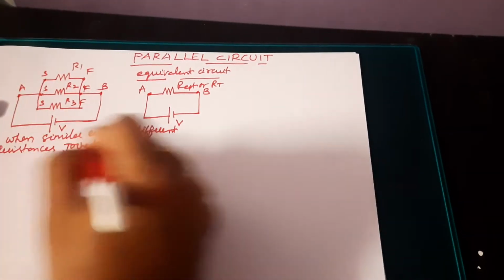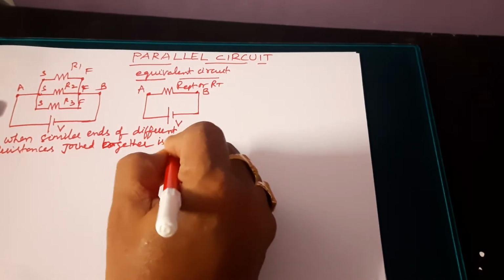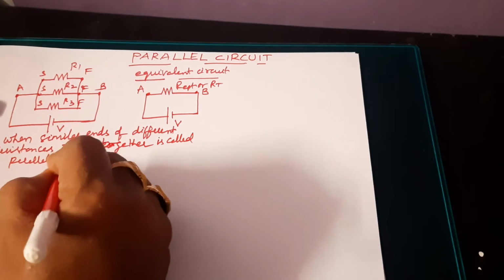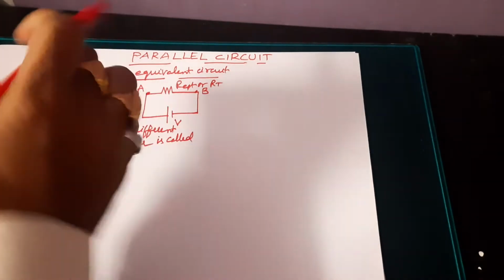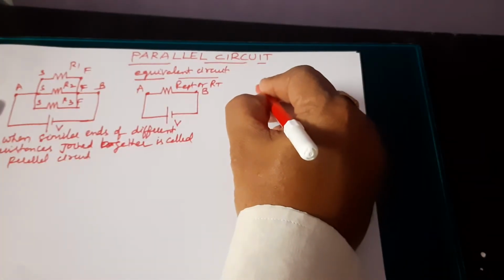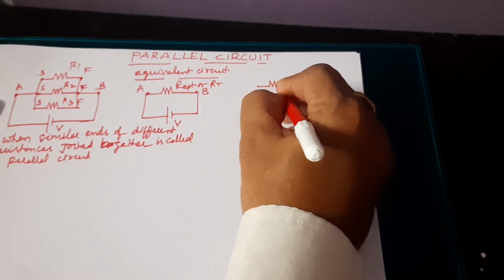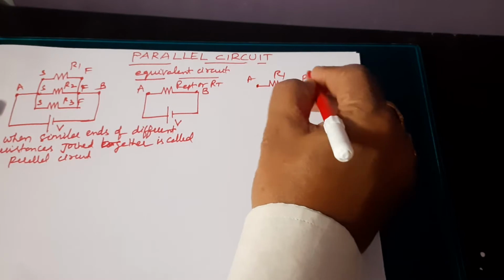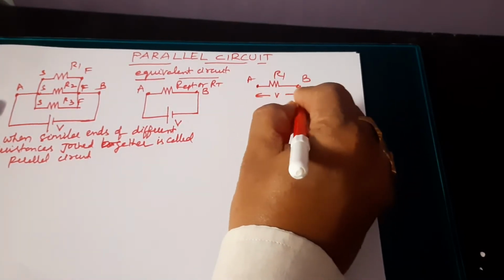What is the main point in parallel circuit? So in parallel circuit, if you see the three resistances, how the three resistances were connected, if you take R1, it is connected across the terminals AB with a potential of V.